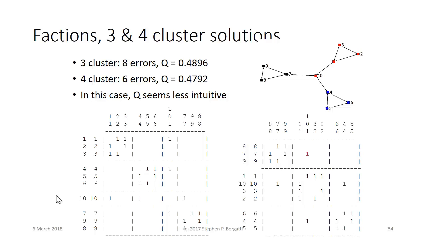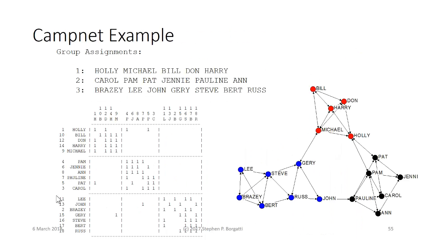It ought to be. There's a cluster right there, a cluster over here, a cluster over here, and then there's this 10 that doesn't belong to any group. So I would call that a 4-group solution. I like 6 errors rather than Q. But I have an immense bias against physicists, so take that with a grain of salt.